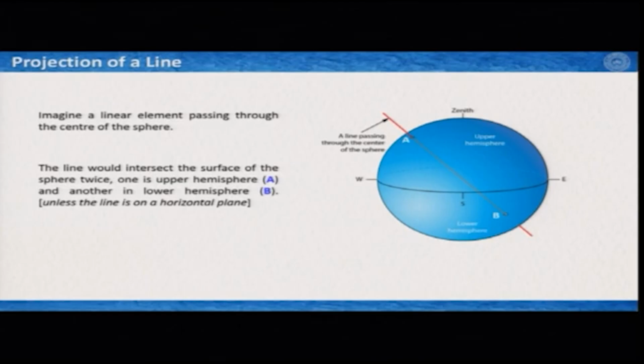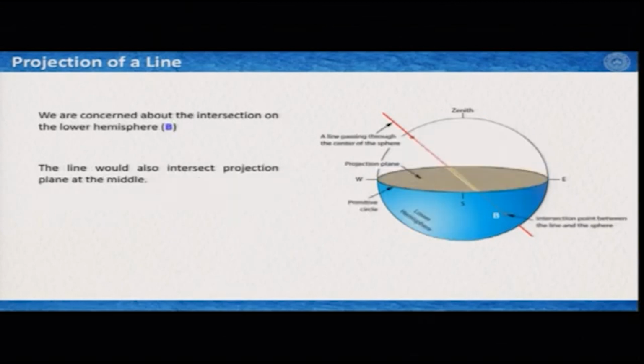If you do that, then the line would intersect the surface of the sphere two times, one at the upper hemisphere, which is point A here, and one at the lower hemisphere, which is point B here. Now, this is only possible if the line is inclined. If the line is horizontal, then it would probably lie on the equatorial plane, but that is not the case we are discussing here.